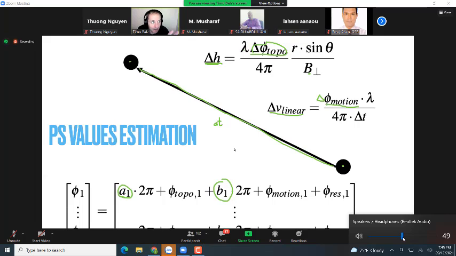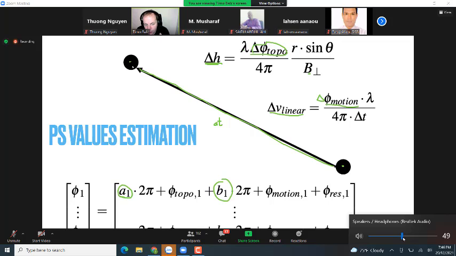And that's now coming to the trick of it all. We said from one pixel to the next, the atmosphere is changing slowly. So if our two PS points are very close together in space, the atmospheric component in between these two pixels, that's the atmospheric difference between these two PS points, is very small if our distance is very small.